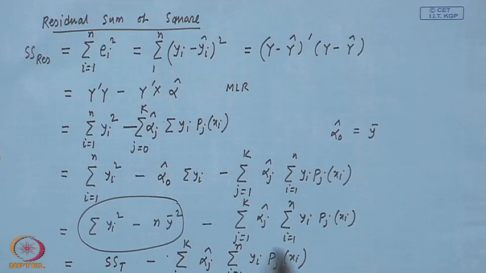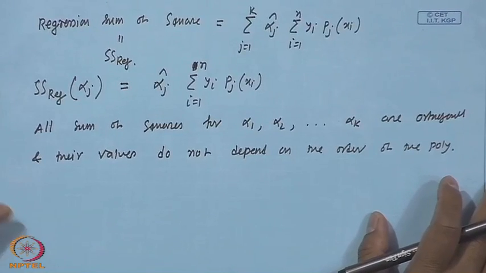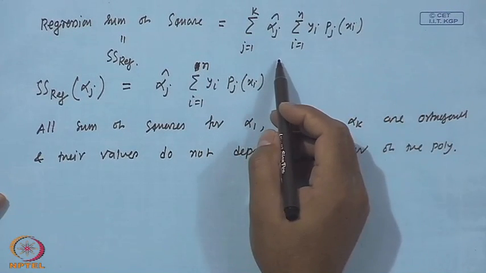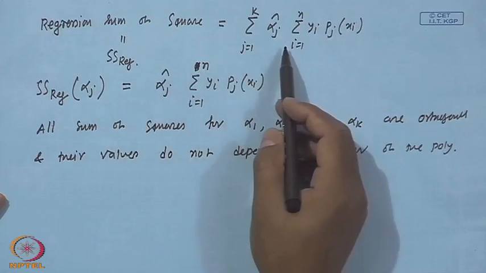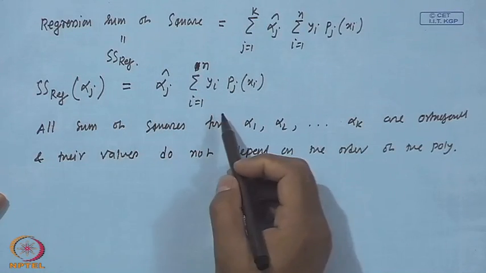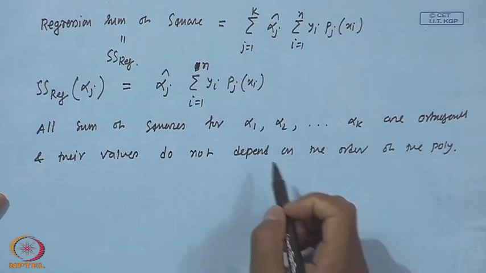Okay. So, SS residual equals SST minus something. This one is SS regression, so the regression sum of squares is this quantity, and the regression sum of squares due to the jth term, or due to alpha j, is the jth term in this expression.